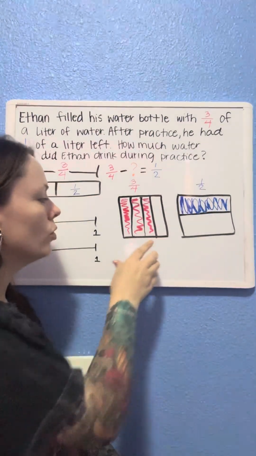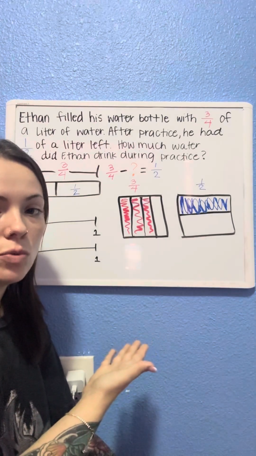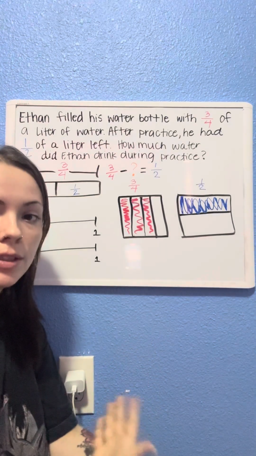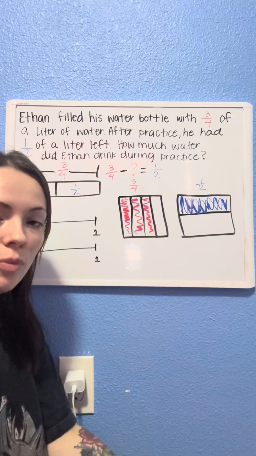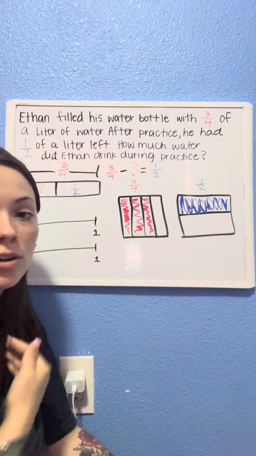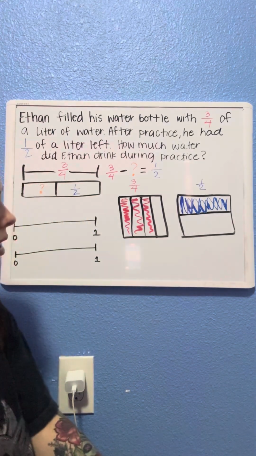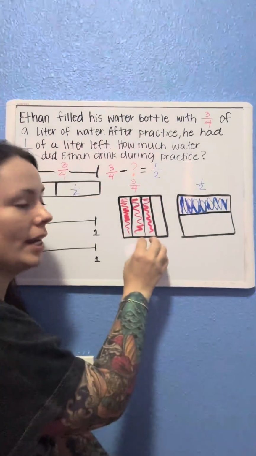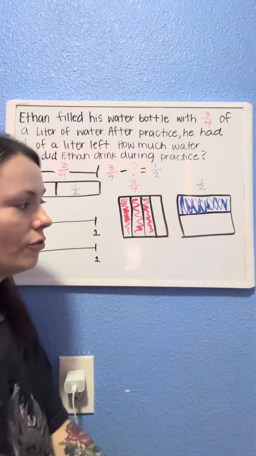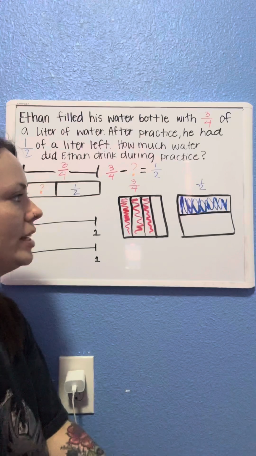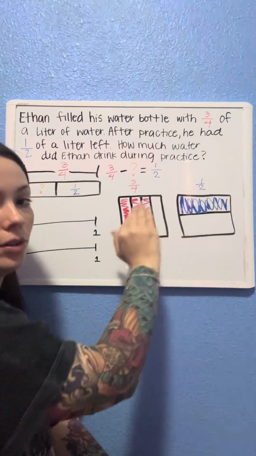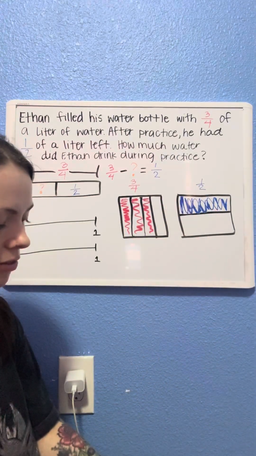Now, in order to be able to work with these fractions, we have to find a common denominator. So our next step would be to divide each fraction into more pieces dependent on the other fraction on the other side.